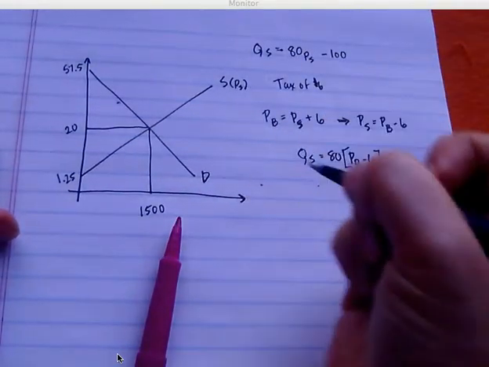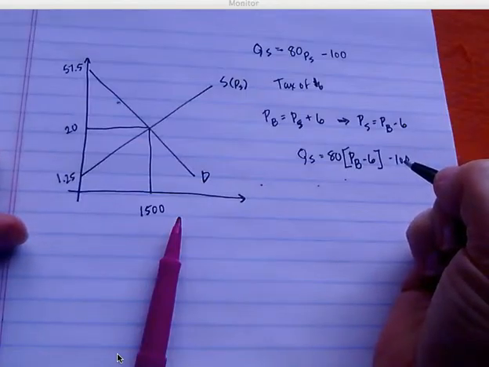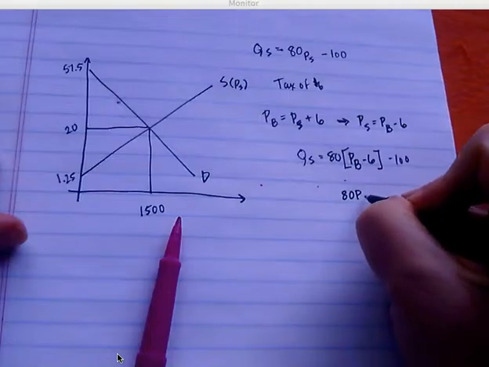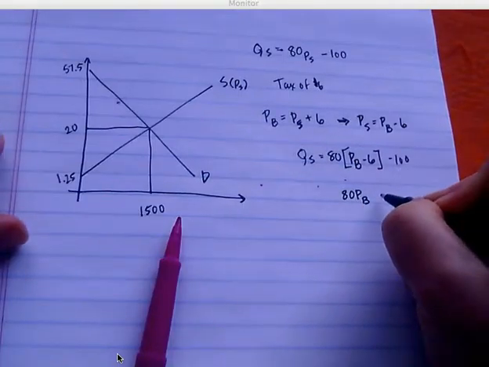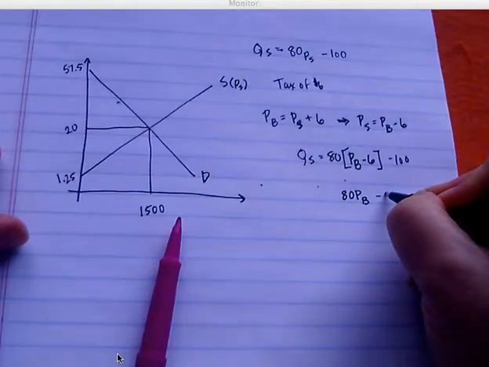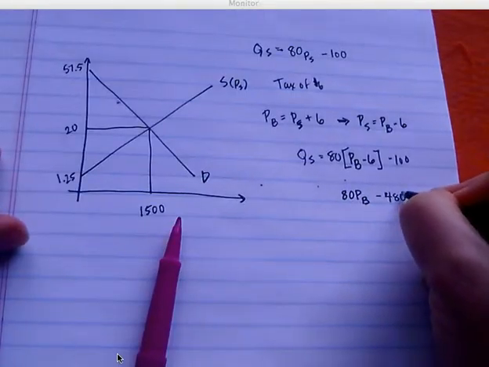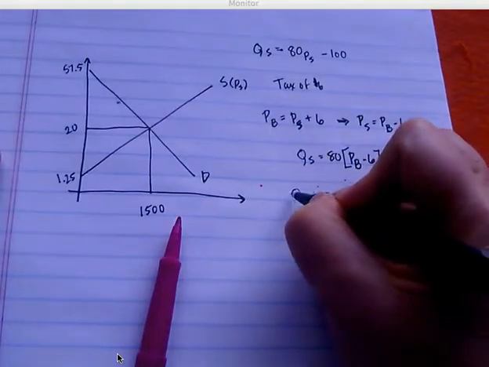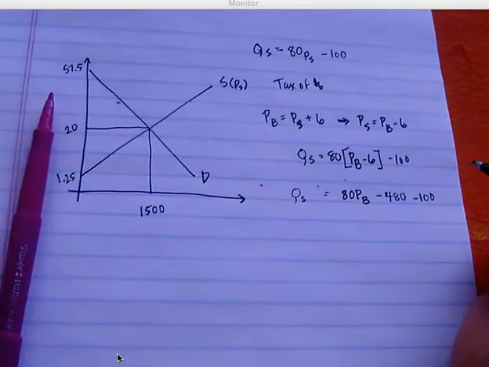And so if I invert this, what am I going to get? I'm going to get 80 PB, minus 80 times 6, which is 480, minus 100. That's our newly transformed supply curve.